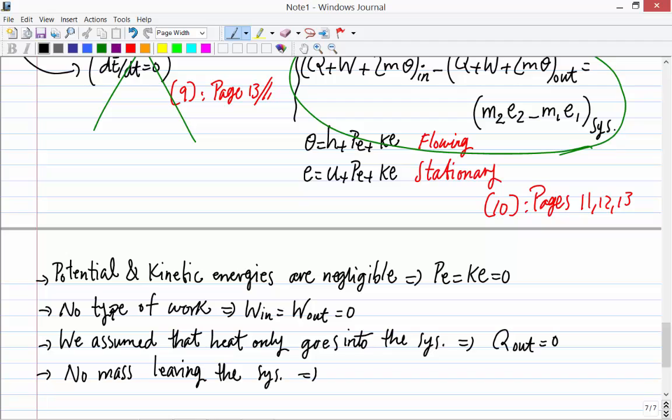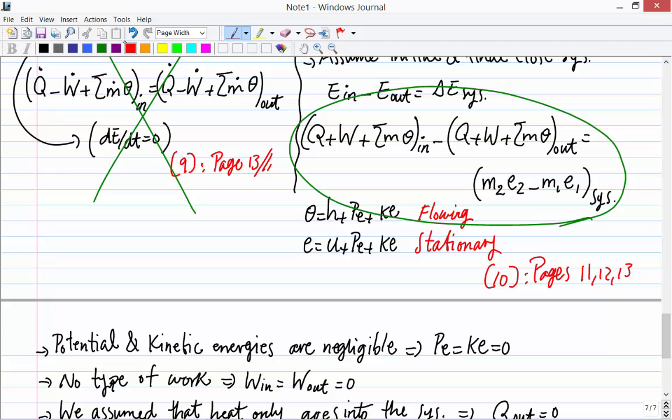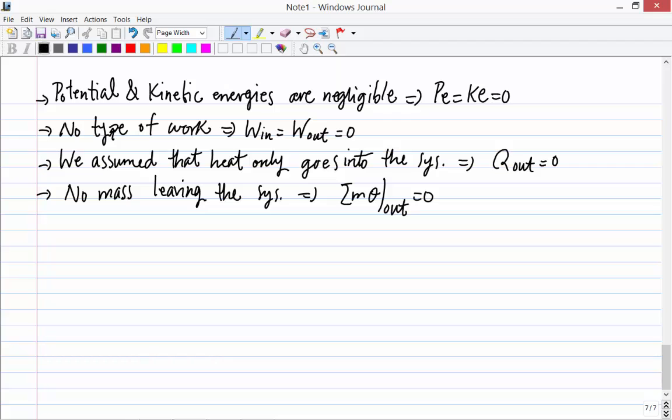So the summation over m theta out is zero, and it makes it much easier. See, no work, no work, Q out is zero. And here theta, all these guys are zero for theta and little e.